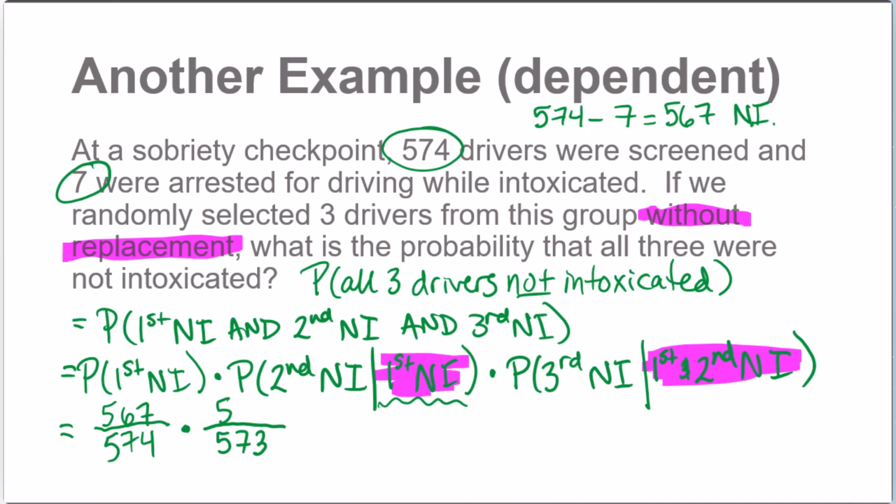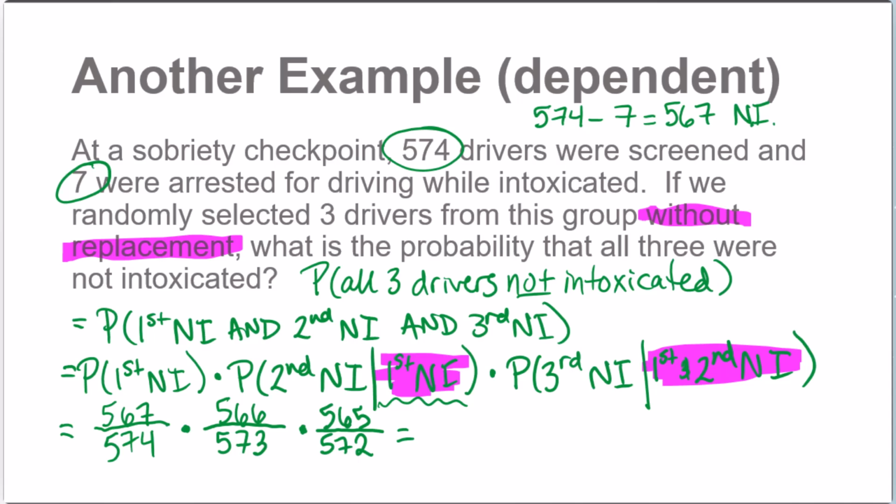So this is 566 times, keep going down the line, the third person not intoxicated. I've now removed 2 people from the pool, so there are only 572 left. That's my denominator. And the numerator is going to be the number of non-intoxicated people left, which would be 565.